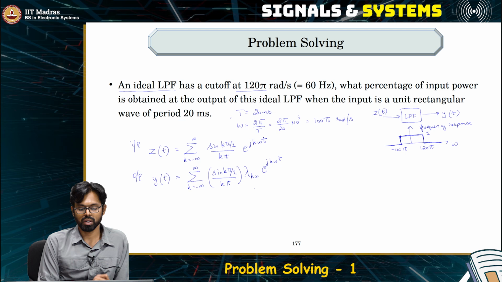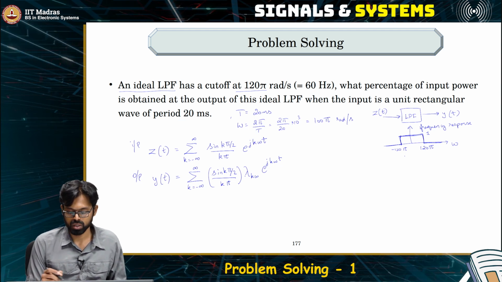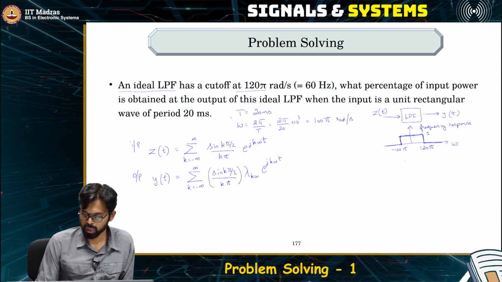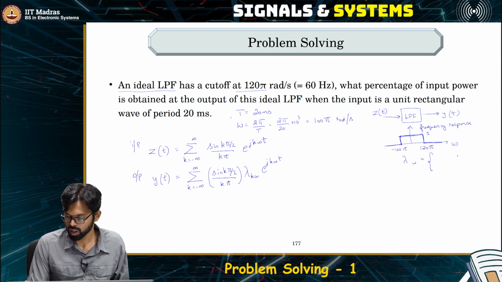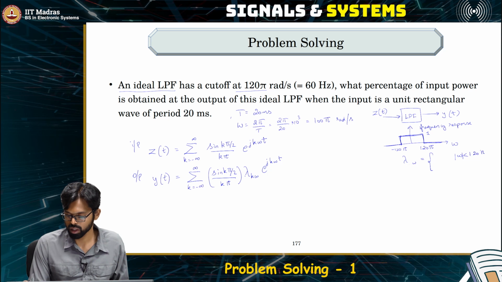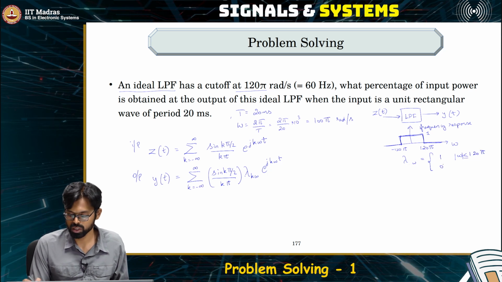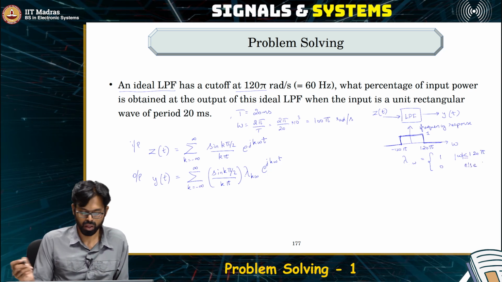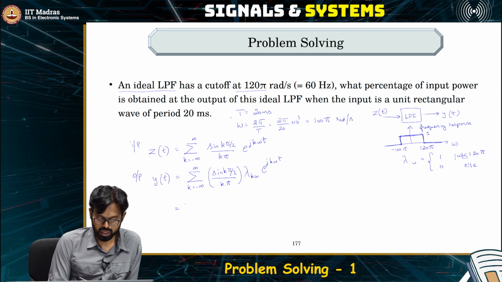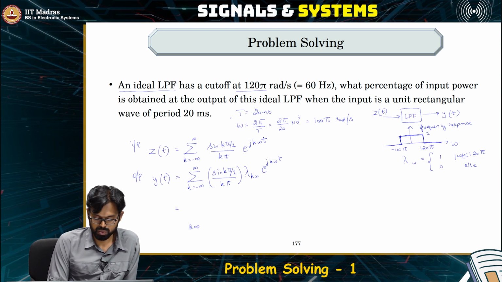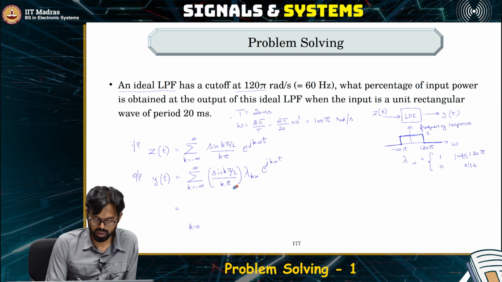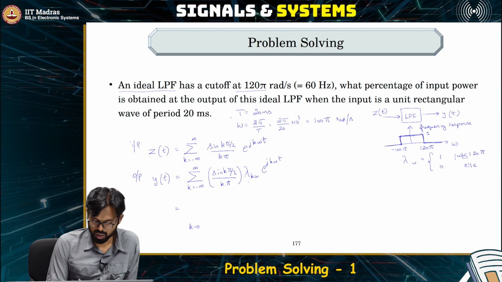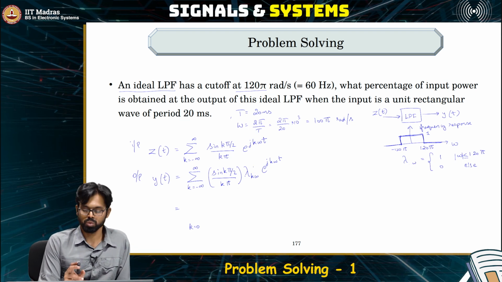And what do we have here? The frequency response simply says that whenever omega is less than 120 pi, you have 1, and 0 otherwise. So when k is equal to 0, this term is half, and the frequency response is 1.